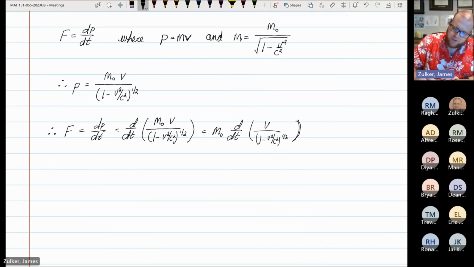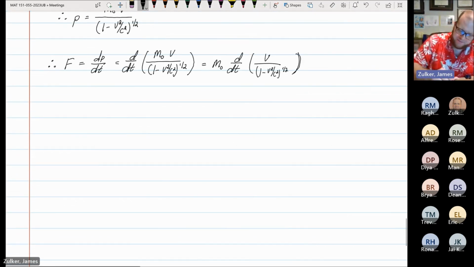So we need to take the derivative with respect to time of this function here. So I can do quotient rule. Would that be the best bet?